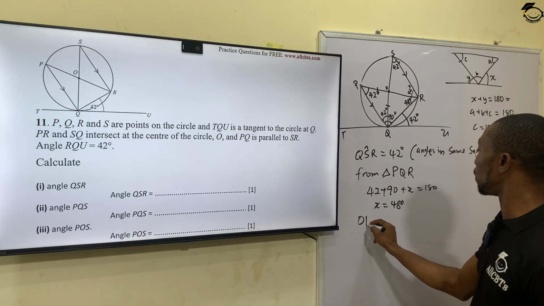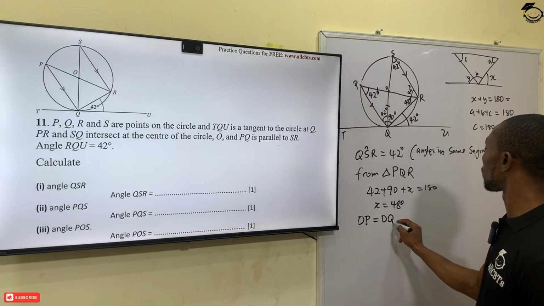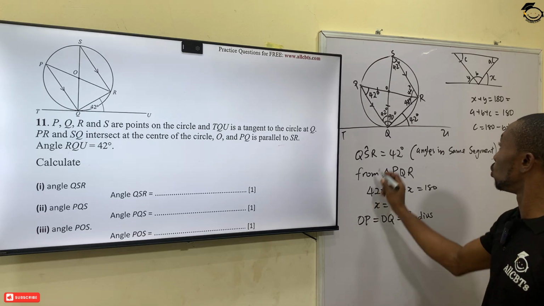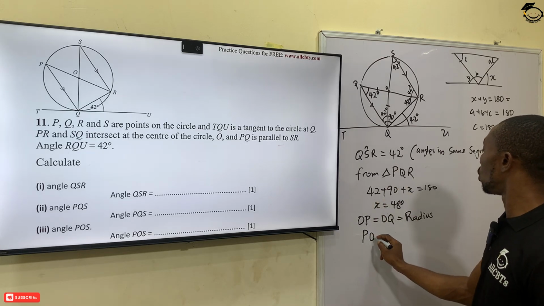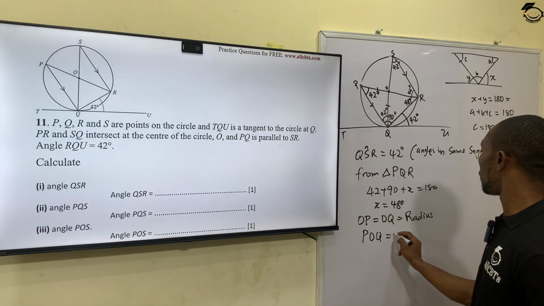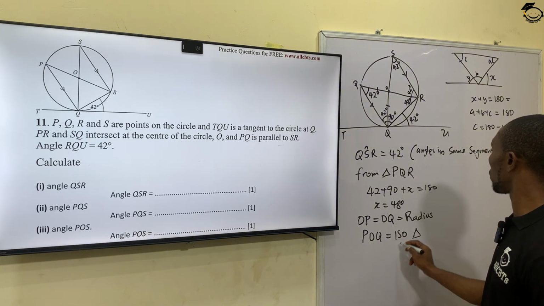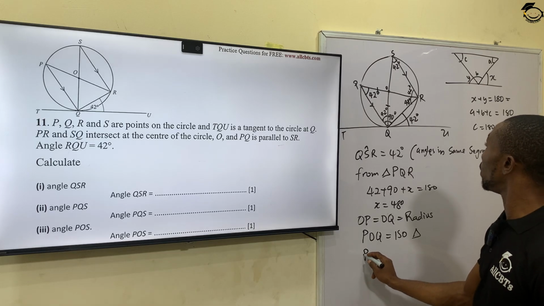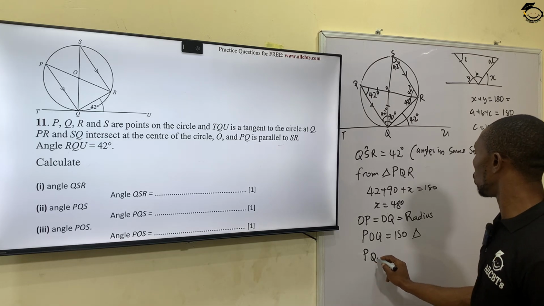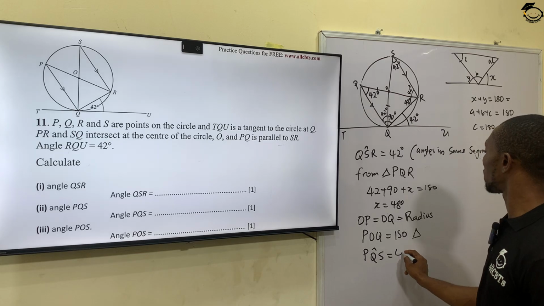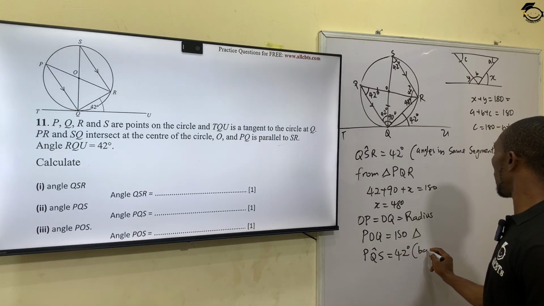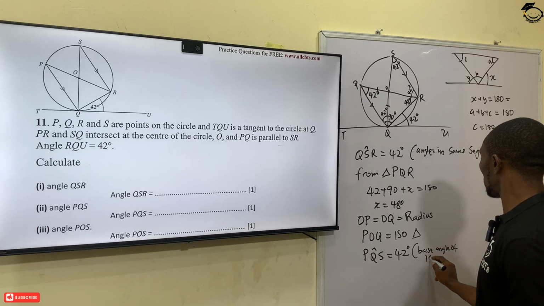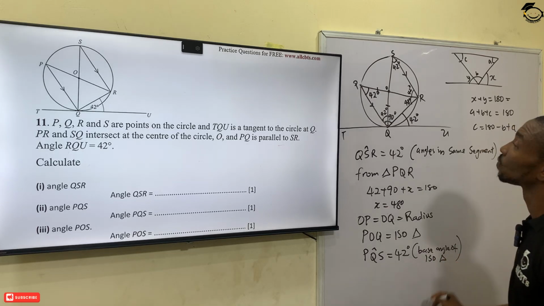So having OP equals OQ, which is the radius, triangle POQ forms an isosceles triangle. So having the base angles, we have PQS as 42 degrees. Base angles of an isosceles triangle.